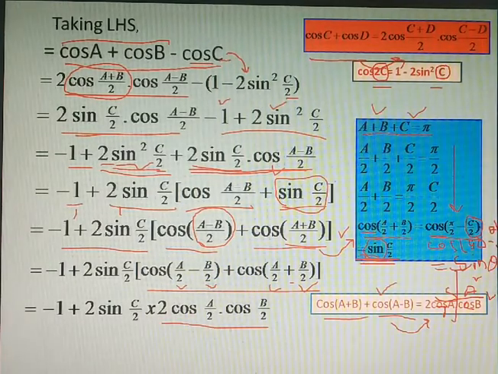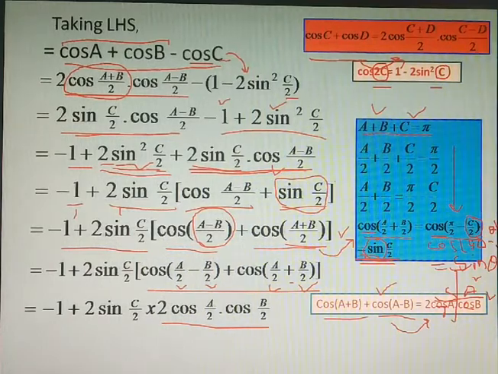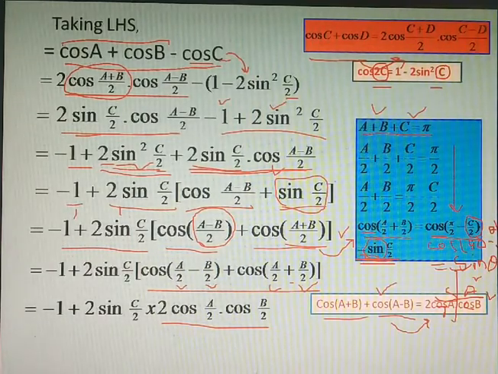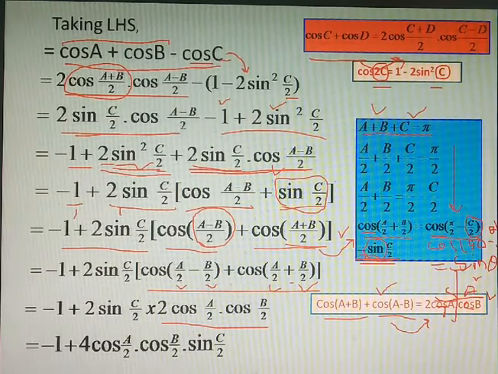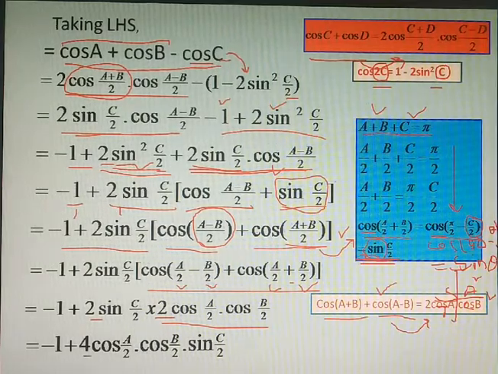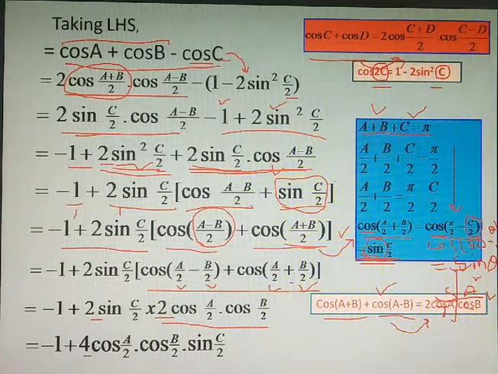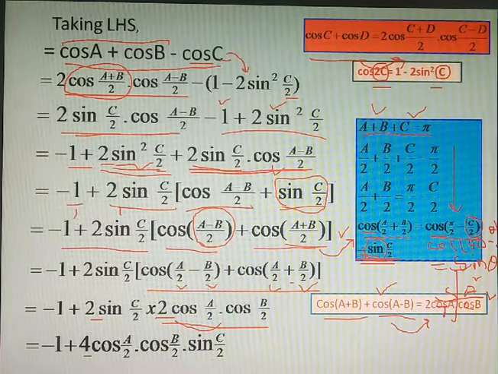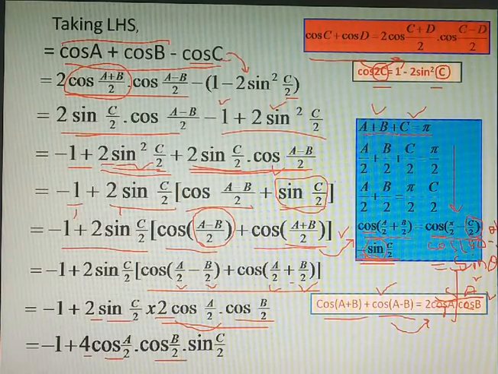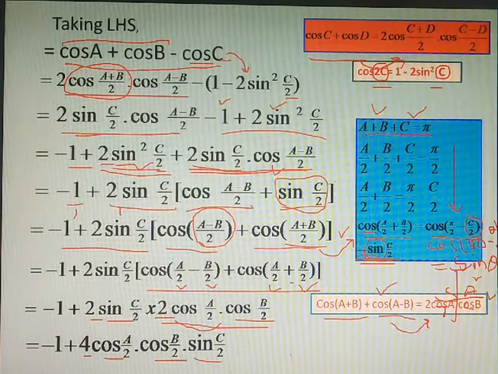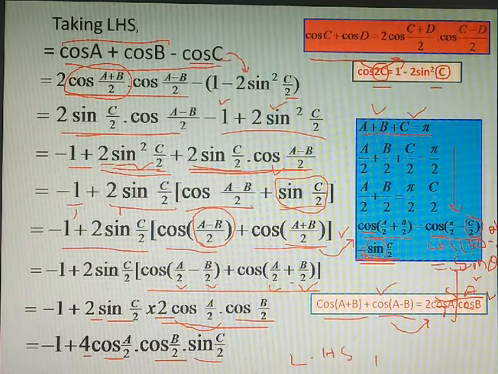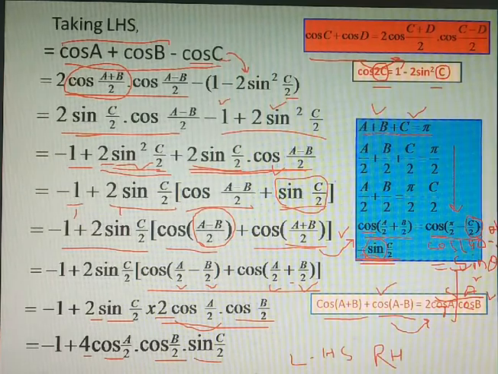We can write 2 cos(A/2) cos(B/2) for the terms inside the bracket, and finally −1 we can write the same. When these two and these two get multiplied, the product will be 4, and the trigonometric ratios are cos(A/2), cos(B/2), and sin(C/2). So this is how we can prove LHS and RHS are equal.